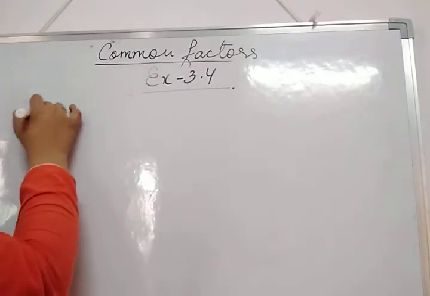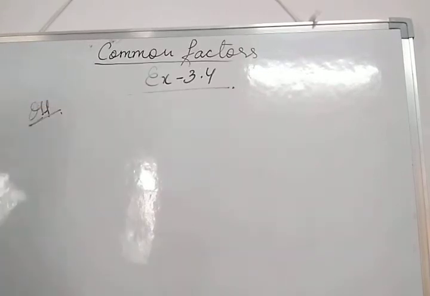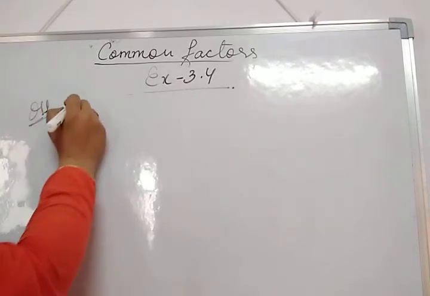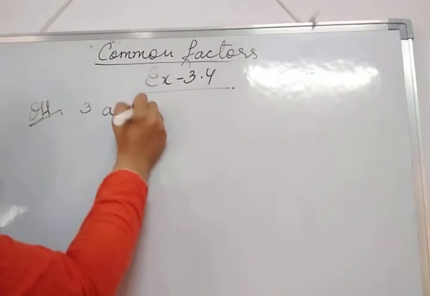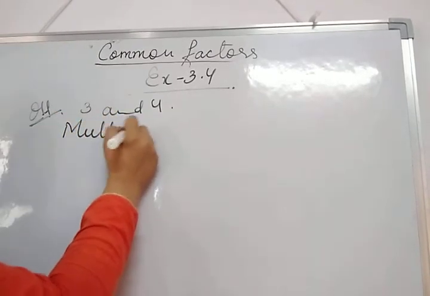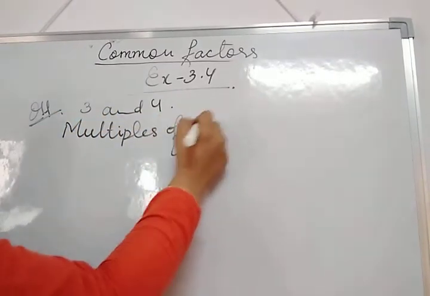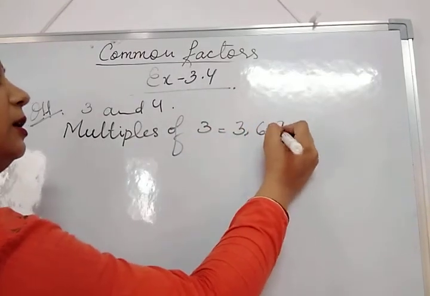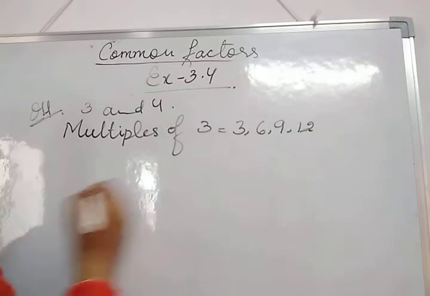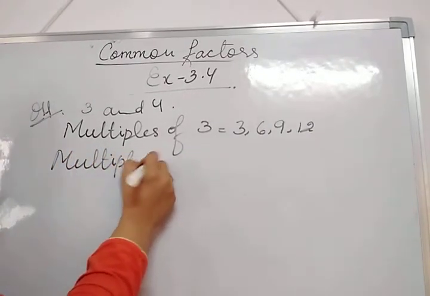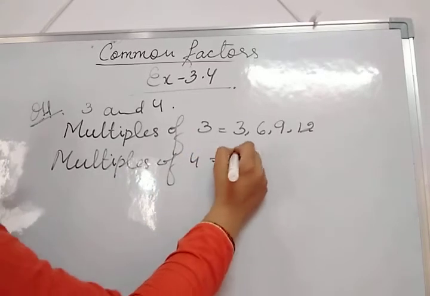I'll come to the fourth question. Write all the numbers less than 100 which are common multiples of 3 and 4. First we will write down the multiples of 3: 3, 6, 9, 12. Then we will write down the multiples of 4.